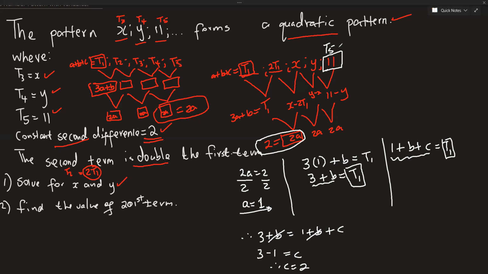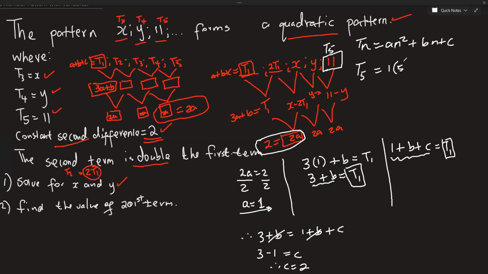Awesome. So I know that the general form is Tn equals an squared plus bn plus c, right? And then I know that T5, which is term 5, is equal to, I'll just substitute: my a is 1.